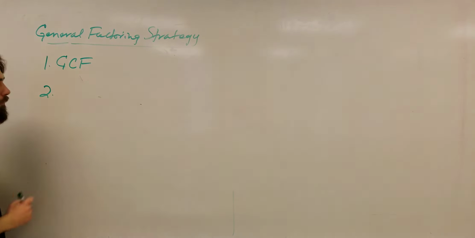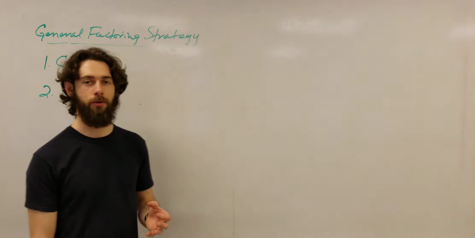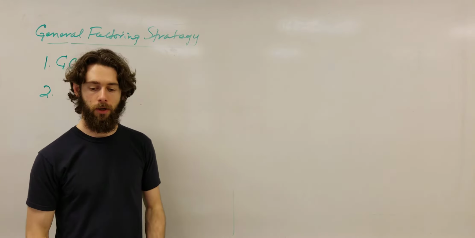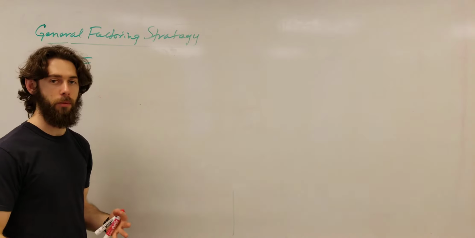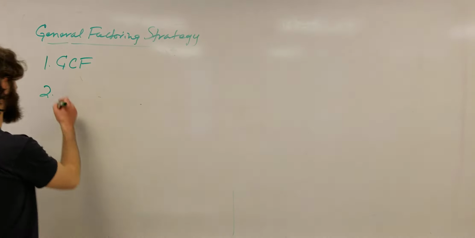Okay, 2. Now, the number of terms tells you a lot about what you can do with it. So to me, 4 terms is the most obvious number of terms.